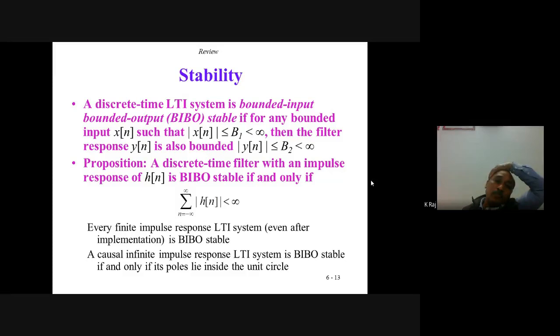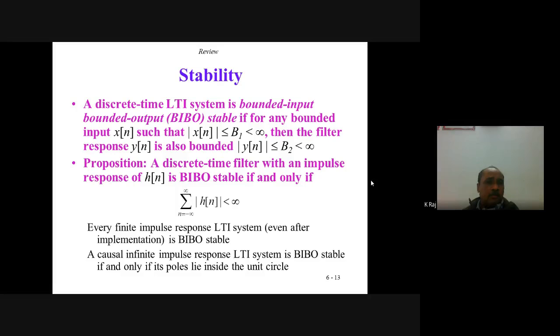As we know, BIBO stability describes that if any system is subjected to a bounded input and the response is also bounded, then we can say it is a stable system, that is, bounded input, bounded output, stable system. What is the meaning of the finite input?